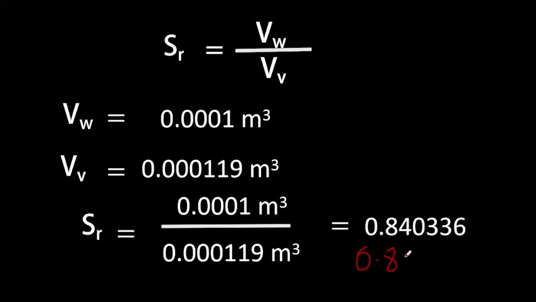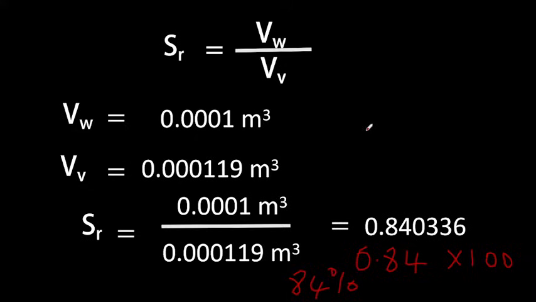Let's approximate it to significant figures. We can also express it in percentage by multiplying it by 100. So if you multiply it, we're going to get 84% as the degree of saturation.